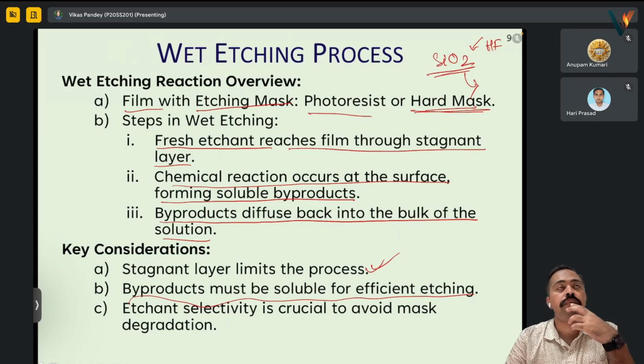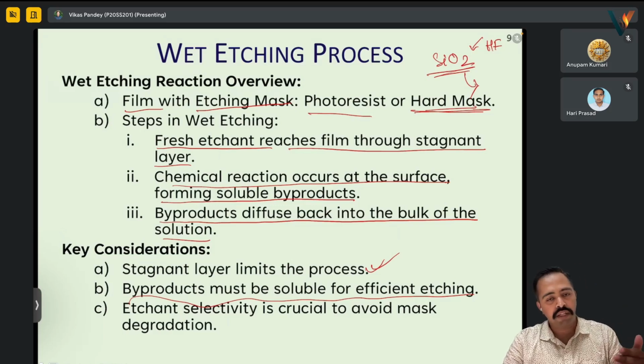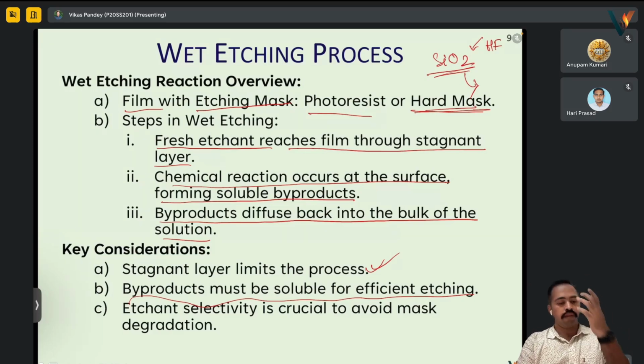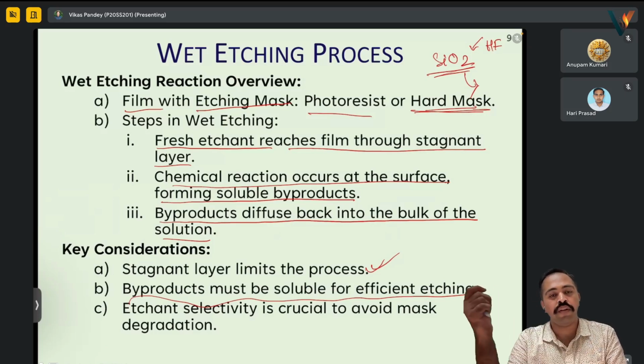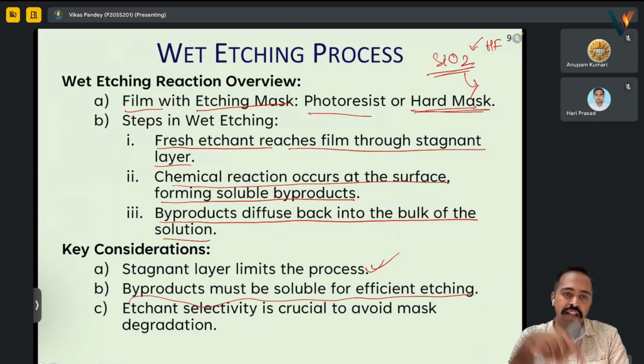Like what happens in the case of aluminum etching, it generally happens that after some time, one of the byproducts is aluminum oxide itself. So it is getting removed, but a layer of aluminum oxide actually remains there. So whatever time you etch, it will not etch out. Why? Because this has to be removed. And how? You have to take it out, wash it, and then start the process again.